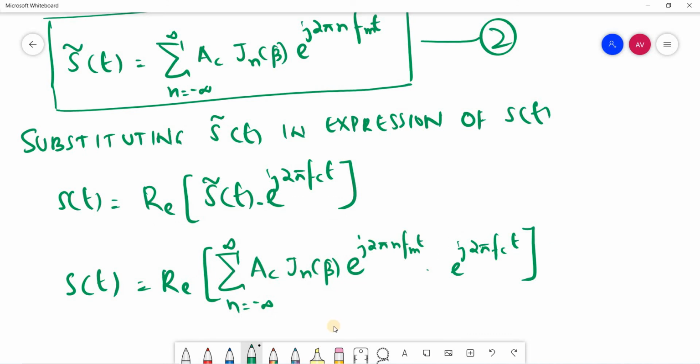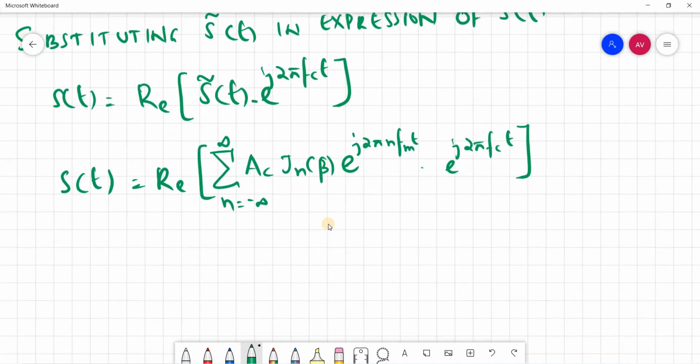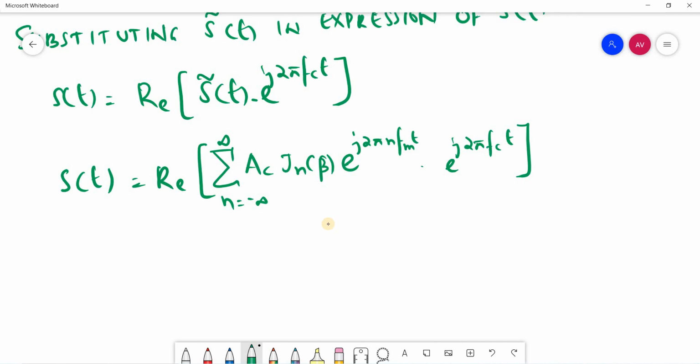But before that I would like to make some more simplification. We do have 2 e power j terms here. So it is equal to real part of, and maybe ac also we can take out. So I'll write it as ac into real part of summation n equal to minus infinity to infinity jn beta, as this jn beta is a function of n, I can't take it out.